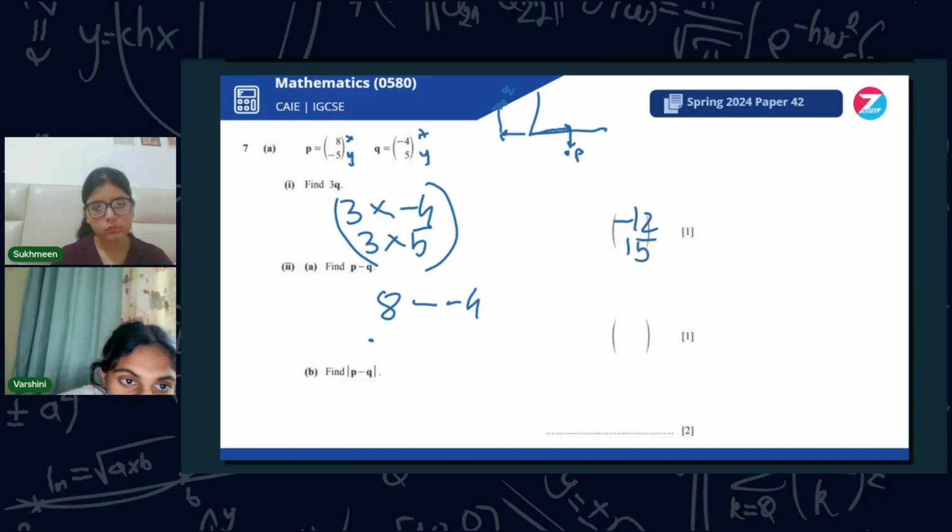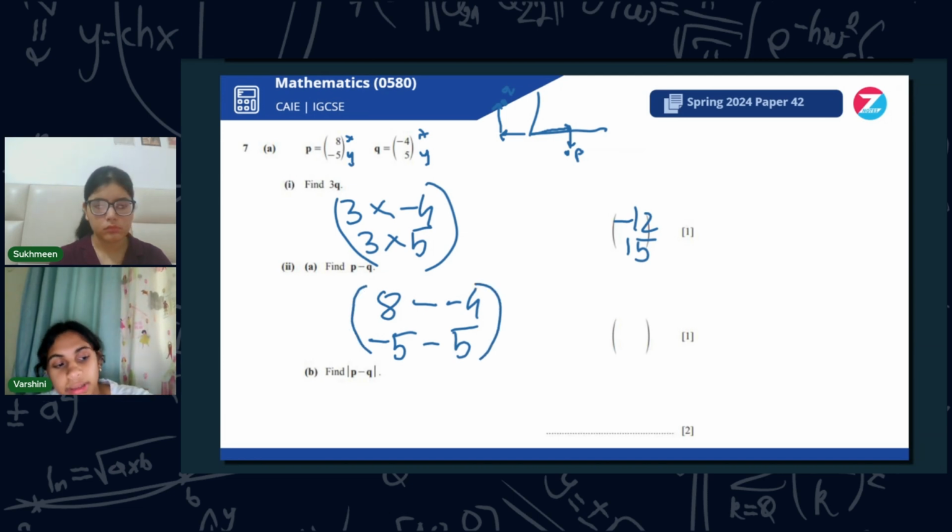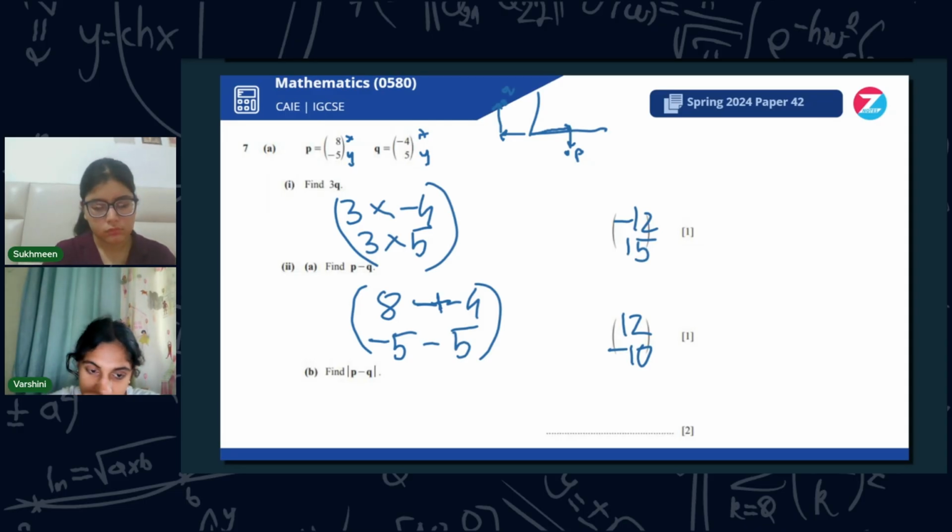So that's P, which is -5, minus Q, which is 5. If you put that in your calculator, or do it mentally, and remember, two minuses equal a plus, you should get 12 on the top and -10 at the bottom. And again, don't simplify it, leave it like this.